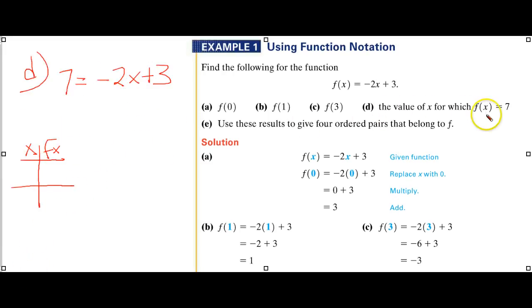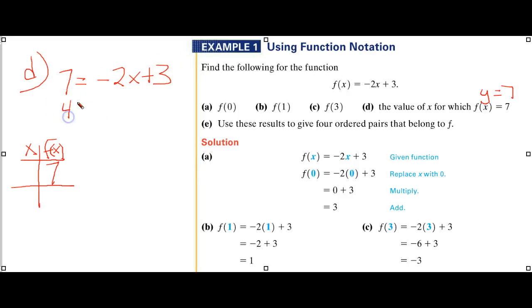In letter D, they're not giving you an x value, they're giving you the y value. Remember, this is y equals 7. So in our T-chart, we put a value as the f of x being 7. So we put that in our equation where the y is. What will x be? Well, we're going to subtract 3 from both sides.